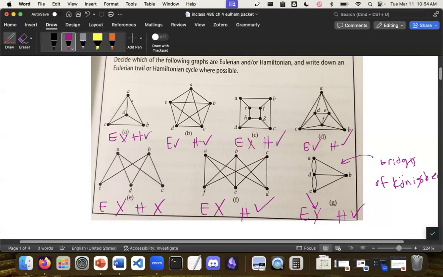A has a vertex of degree 3, not Eulerian. B, no vertex of odd degree, is Eulerian. E's got a vertex of degree 3, thumbs down, and so on. So that's our rule.